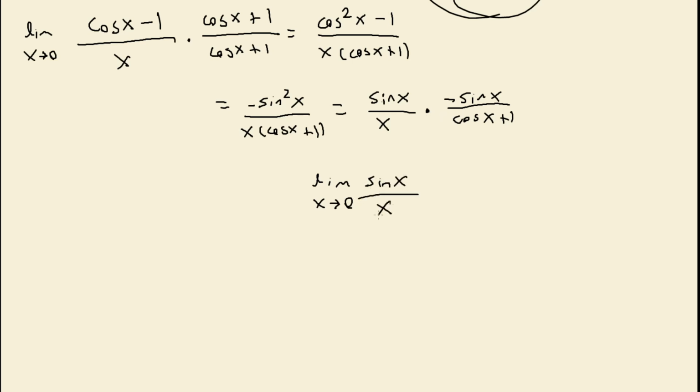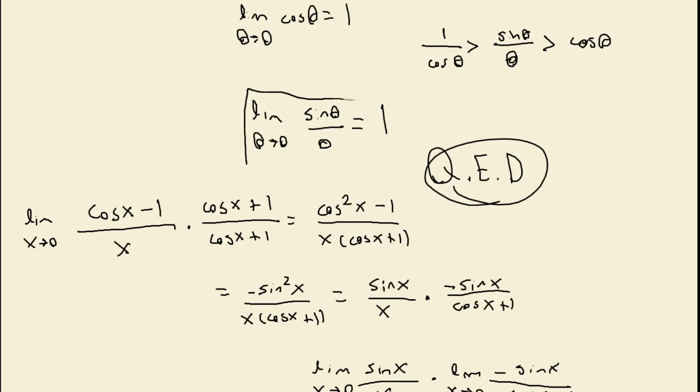That's the limit of sine of x over x as x approaches 0 times the limit of negative sine of x over cosine x plus 1 as x approaches 0. Here we just determined that this limit was equal to 1. We just determined that right here.